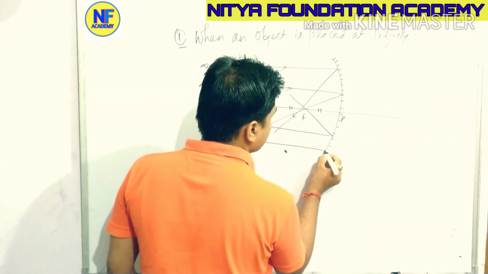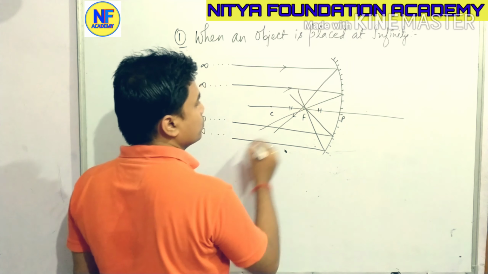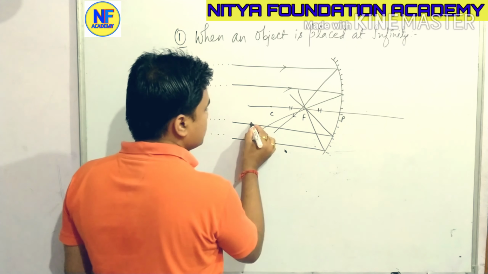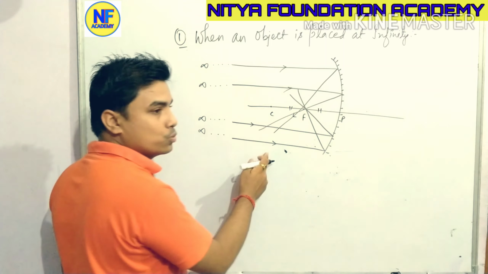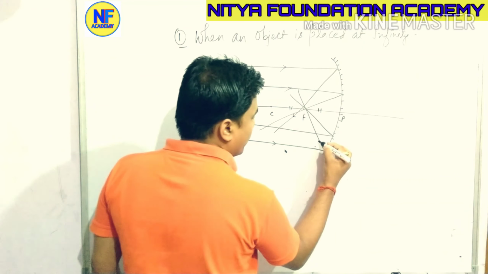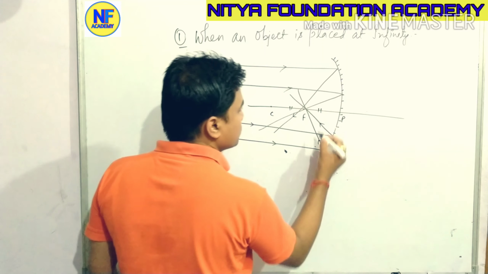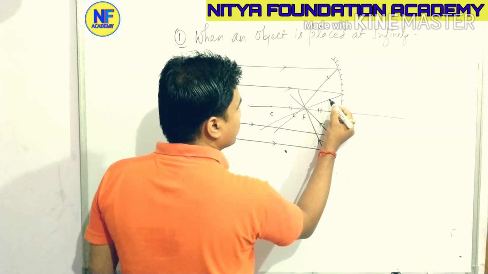These are the incident rays, so we use this mark as an arrow, and after reflection we use the arrow as the reflected ray.